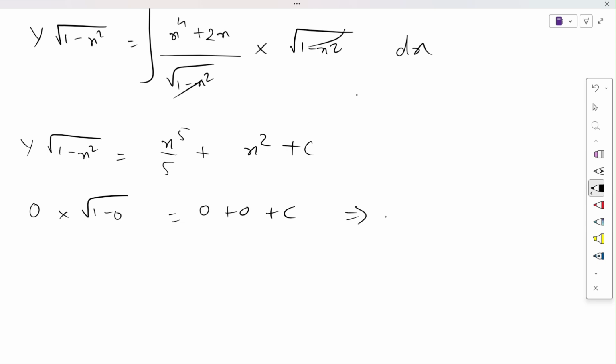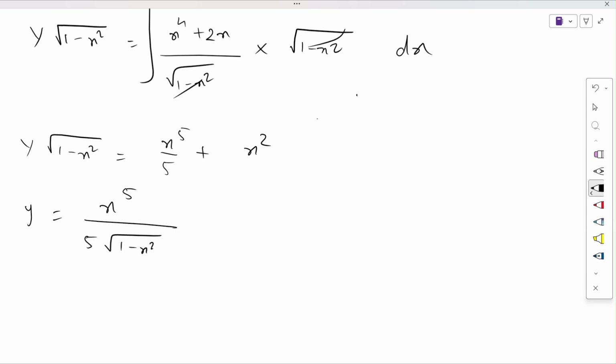So basically c is equal to 0. We'll simplify this a little bit. So it will be y equal to x raised to 5 upon 5 root 1 minus x square plus x square upon root 1 minus x square, and this is nothing but f of x.